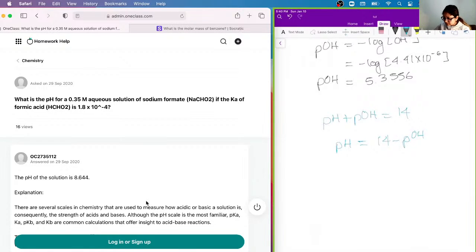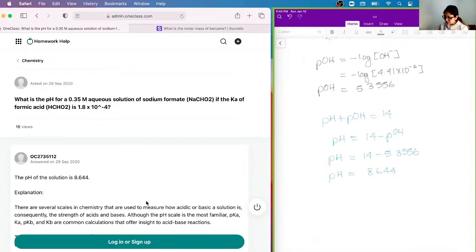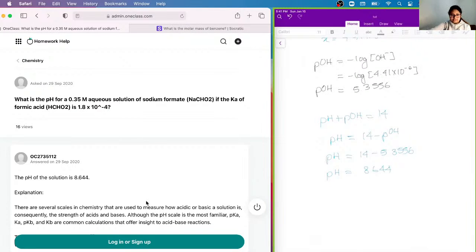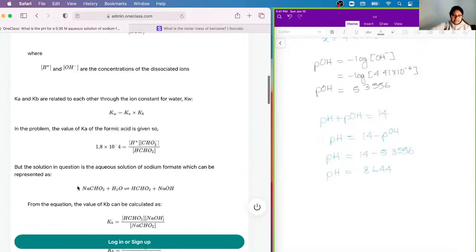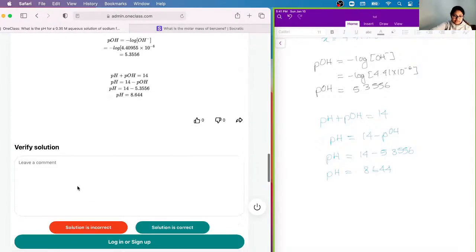And so you have pH equal to 14 minus 5.356, and pH is equal to 8.644. Okay, this makes sense since this is a base, right? So your pH would be above 7, and in this case it is. And so it's given that the pH of the solution is 8.644, and so the solution here is correct.